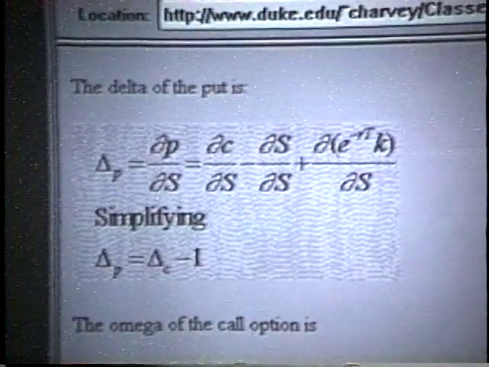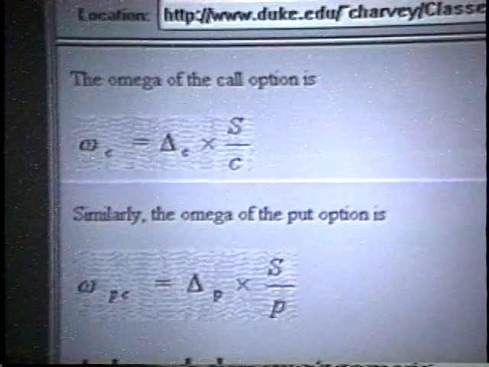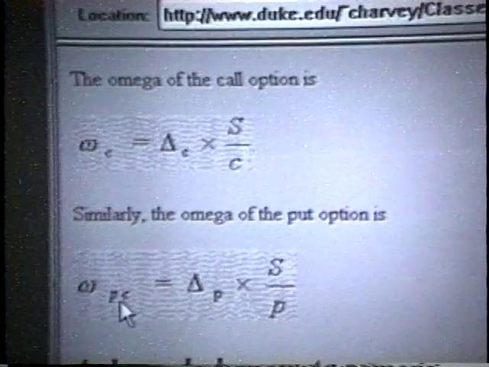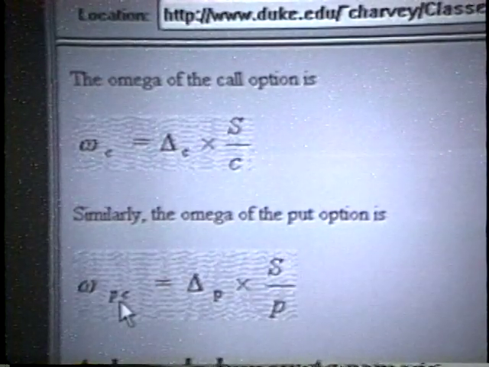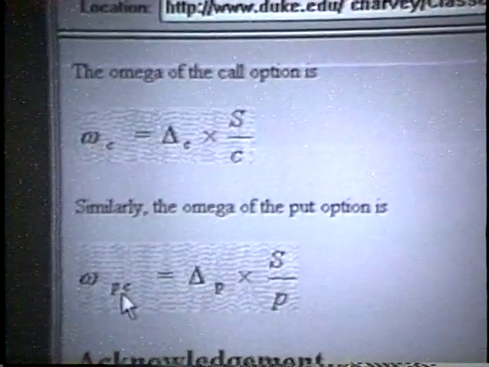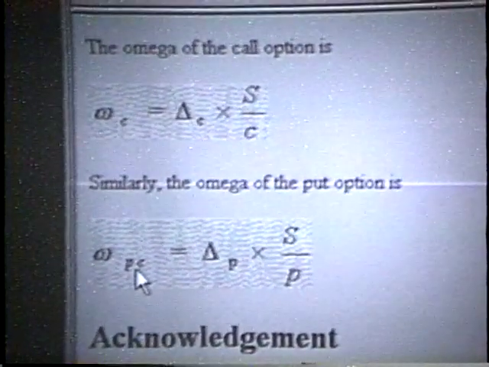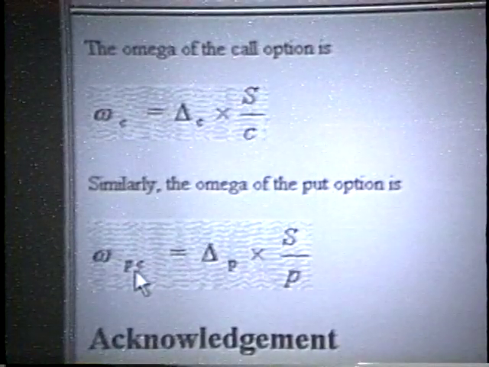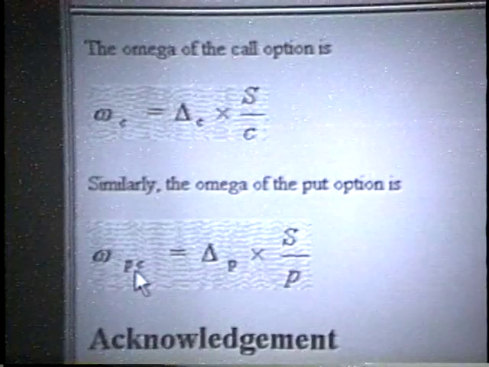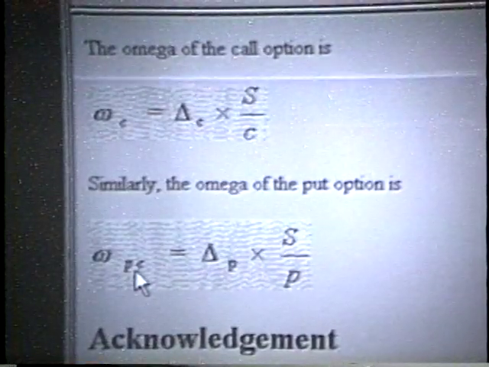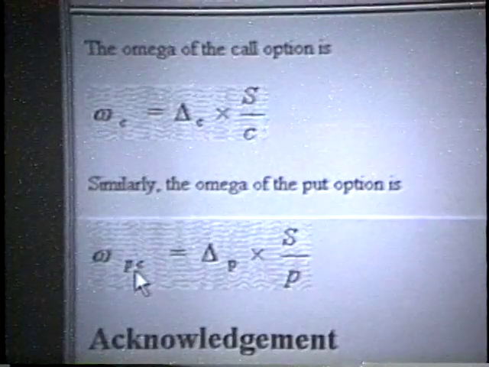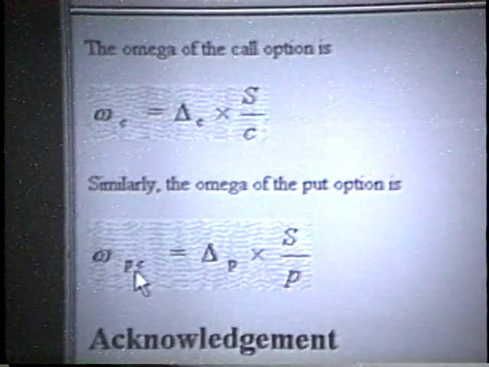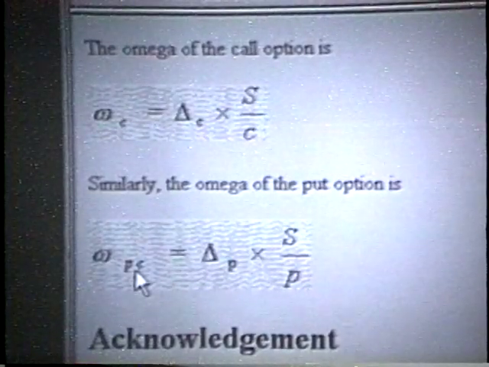And the formula for the omega of the put, and I don't know why it says PC there. I think that C is supposed to be expunged. So that should be omega just P. The omega of the put, or the elasticity, is the delta of the put multiplied by the stock price divided by the put price.